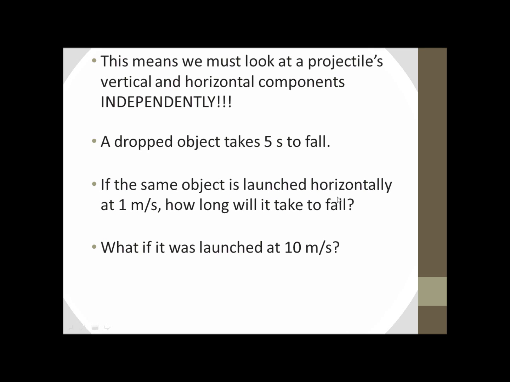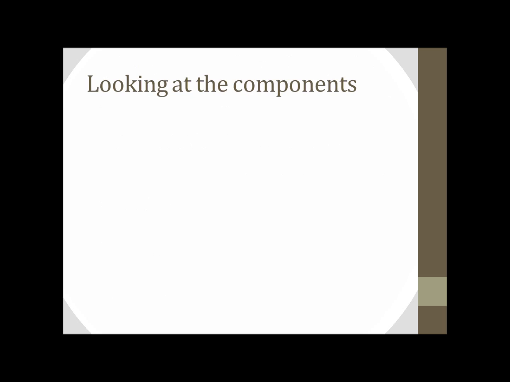Well, again, it's still launched horizontally, so the vertical is still completely unaffected. So the 10 meters per second launched projectile would also fall in 5 seconds. And going up to 100 meters per second, it would again be 5 seconds. So it does not matter what the horizontal velocity is. What matters is how high it starts.